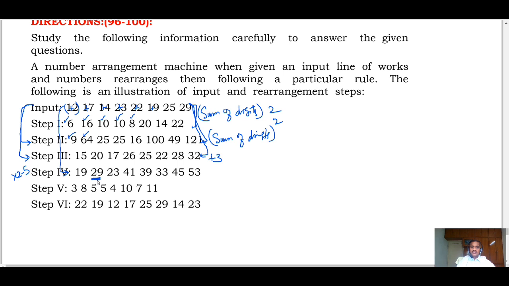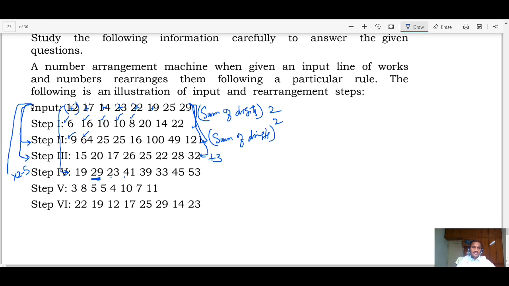Maybe you felt somewhat difficult in cracking this one at step 4. Then 14 and 23, 14 into 2, minus 5. 23 into 2, minus 5. 22 into 2, minus 5. 19 into 2, minus 5. 25 into 2, minus 5. 29 into 2, minus 5, 53. That means into 2 minus 5 from input to step 4.